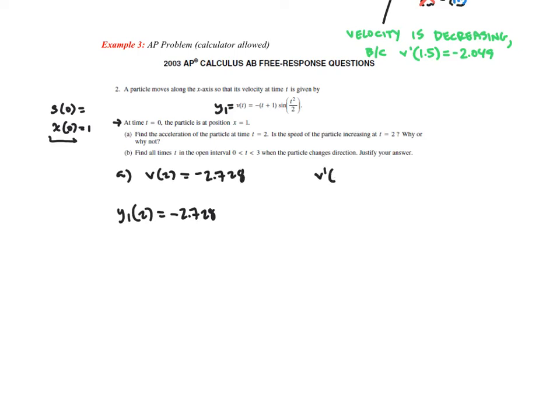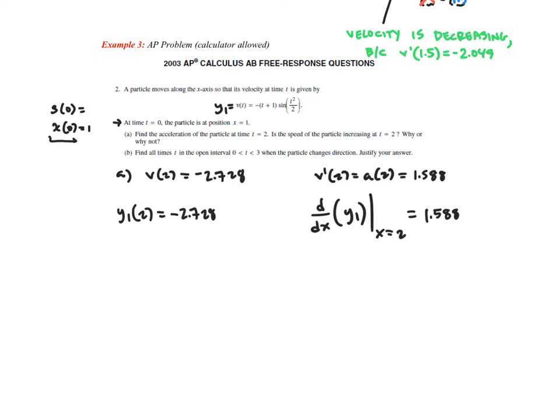Okay, v prime at 2, which is equal to a of 2, using my calculator, the derivative with respect to x of y1 at x equals 2 comes out to be 1.588. So a of 2 equals 1.588. It asks, is the speed of the particle increasing?